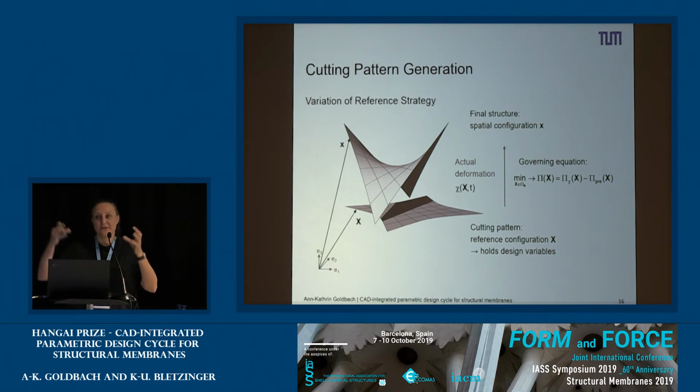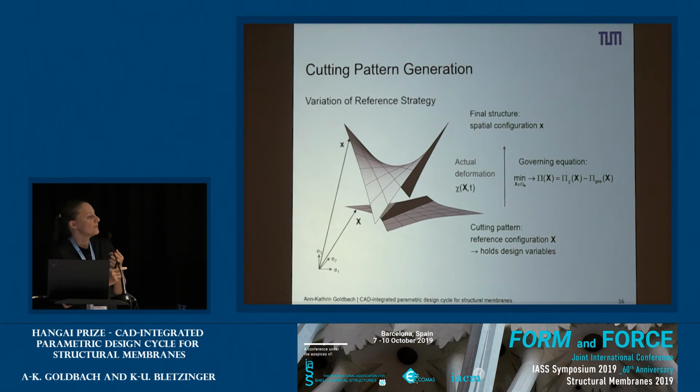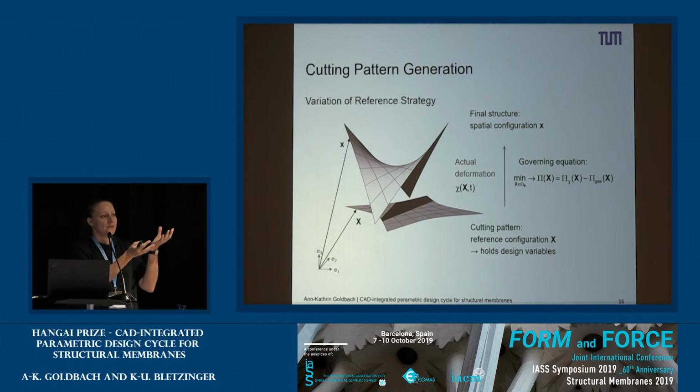We have the final 3D structure and want to know where it came from. So in a first step, we would just do a simple projection to have some starting geometry, which is just a guess, and then use that really as a reference, like it would also be in the real building process. So we start from the plane and go up into the 3D shape.